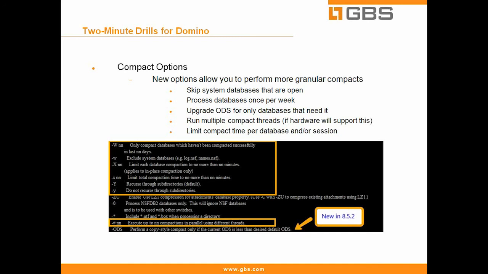Allows you to limit the runtime for a compact on the database level or the entire session level. So you can set it to run, only allow compact to run for a maximum of 15 minutes on a database and 4 hours total. So you can get a really granular maintenance window, which is important, especially for the backup admins, so they know when they can get their backups done.